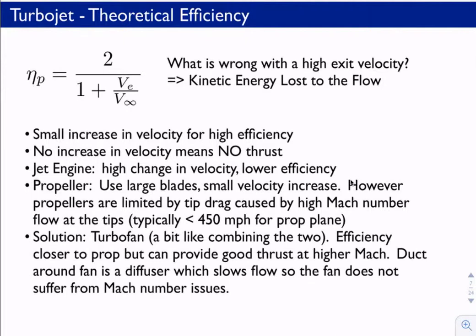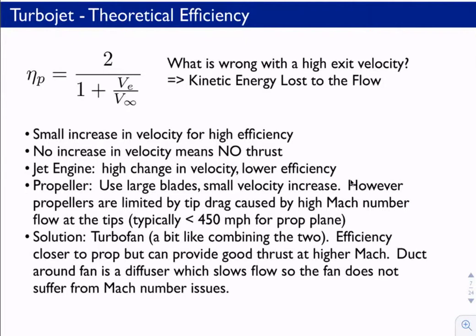And so if we want the efficiency to be as high as possible, then we want that exhaust velocity to be as close as possible to V infinity. This is the same case that we saw with the propeller, although the expression isn't quite the same, but this idea that we don't want a large velocity rise: there we wanted a low induction factor, here we want a low velocity ratio.